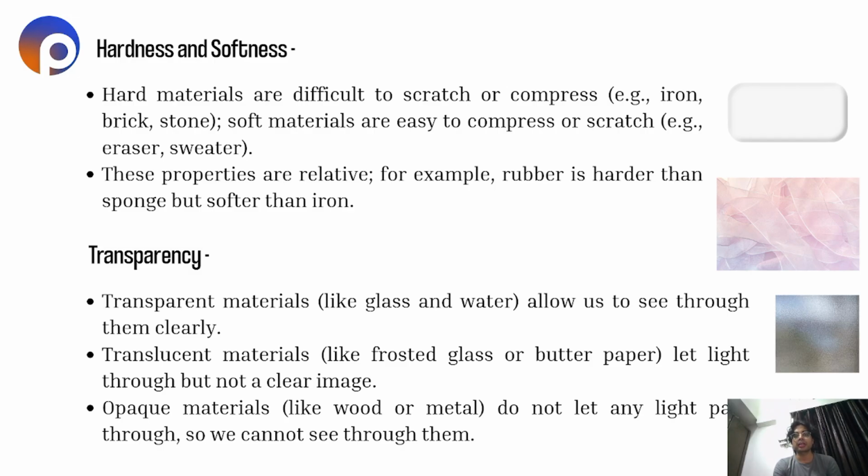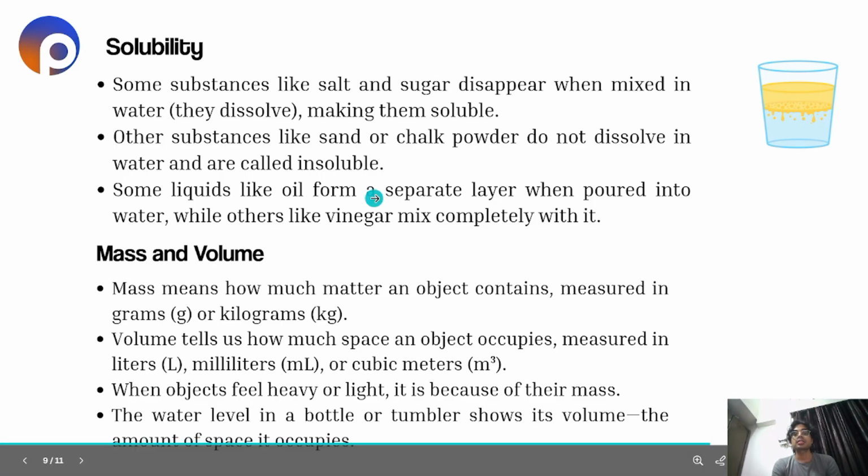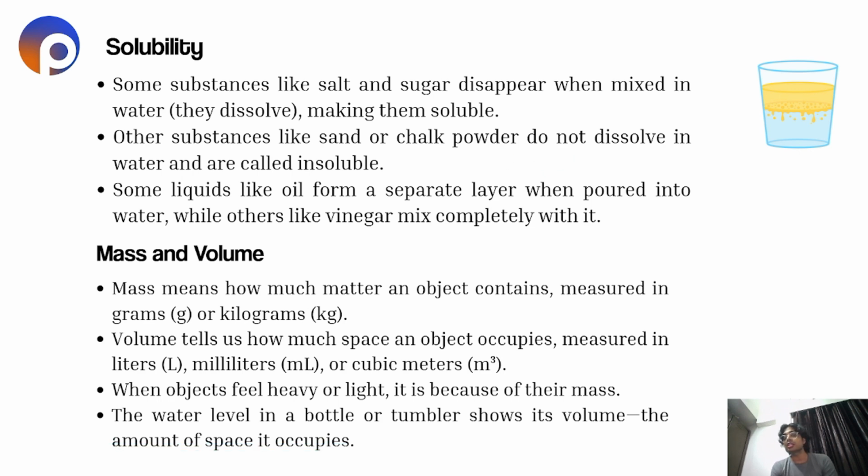So it is opaque. Now, solubility. Some substances like salt and sugar disappear when mixed in water. They dissolve basically, making them soluble. So any substance that can dissolve in a liquid is a soluble substance. Other substances like sand or chalk powder do not dissolve in water and are called insoluble.